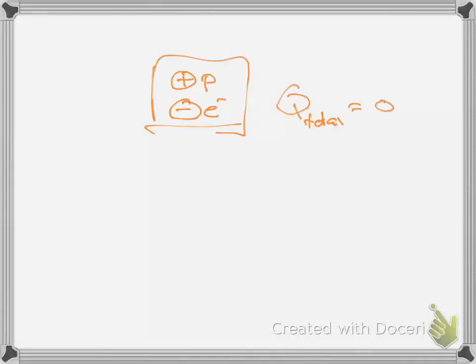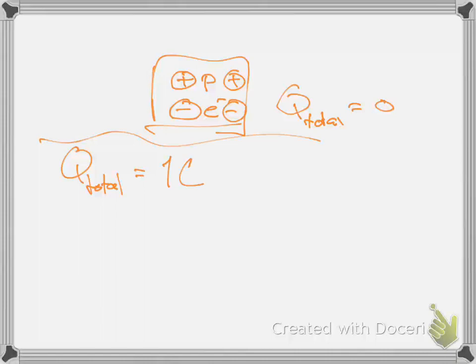It's 0. If I have 2 protons and 2 electrons, then my total charge is still 0. So if I have a net charge, it means I have more of one than the other. So let's say I have a total charge of 1 coulomb. That tells me nothing about how many total charges I have.